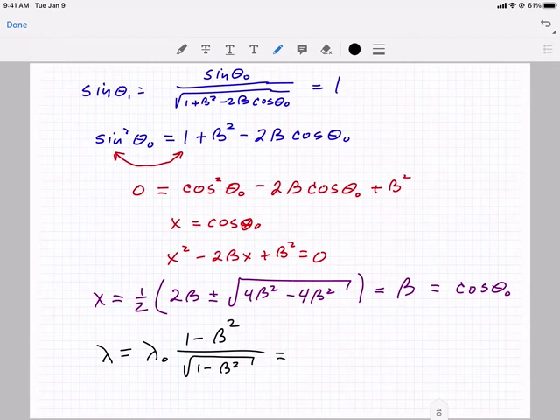And so that means that I get lambda naught times the square root of 1 minus beta squared.